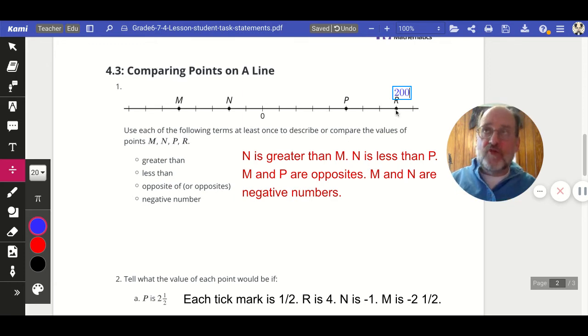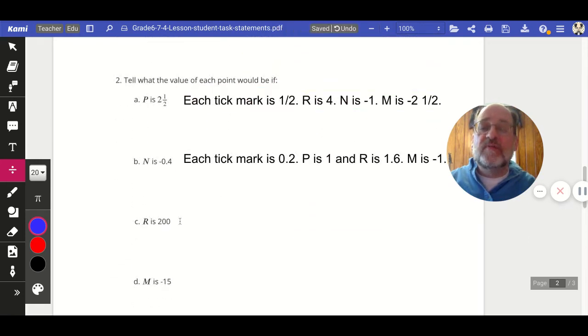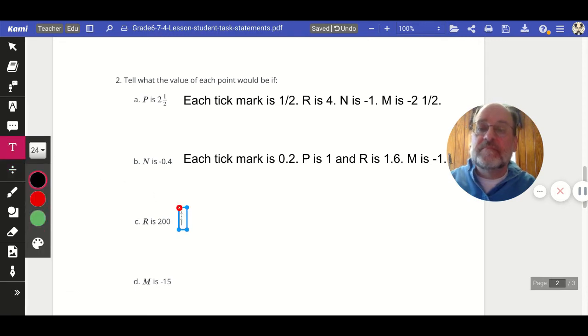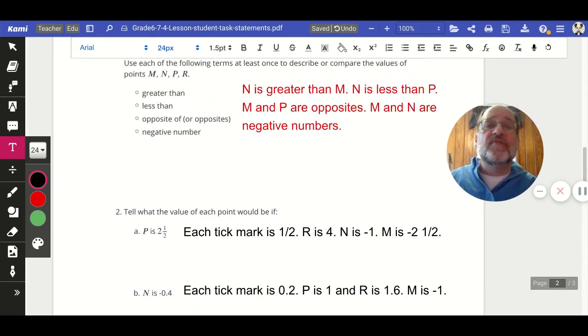What is 200 divided by 8? Use a calculator, that's fine. I happen to know that it's 25. So each tick mark is 25. So we're counting by 25s.